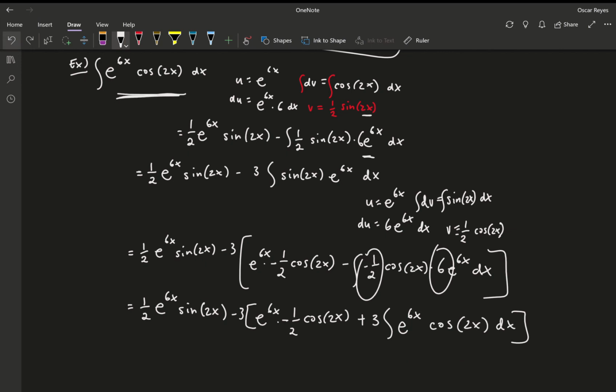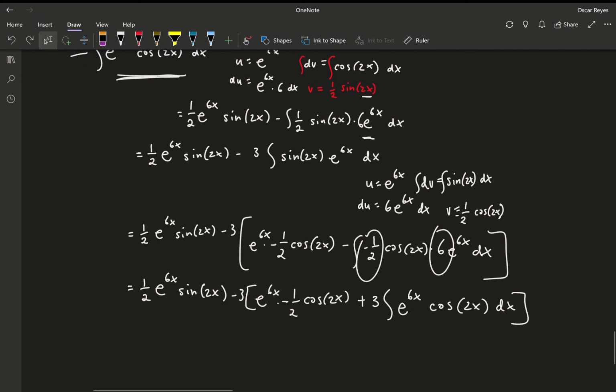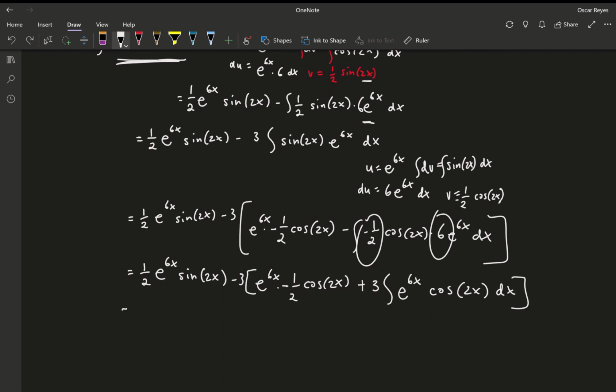So what we can do now is, if we distribute that 3 in there, we have 1/2 e to the 6x sine of 2x minus 3 times 1/2, or let me just erase that 1/2 and put it over here.